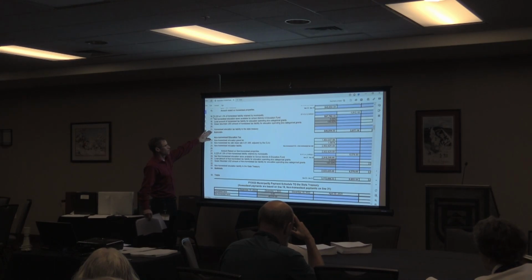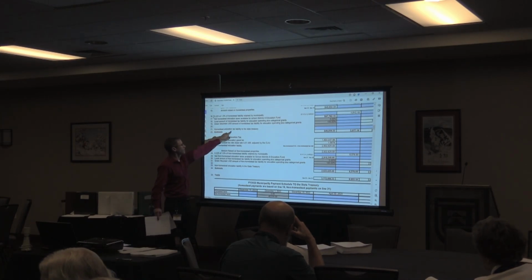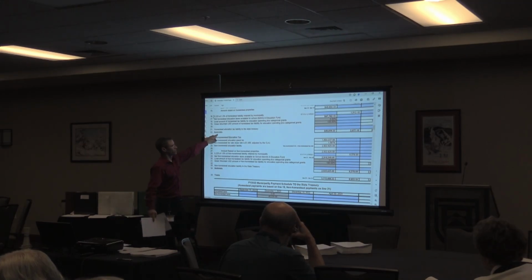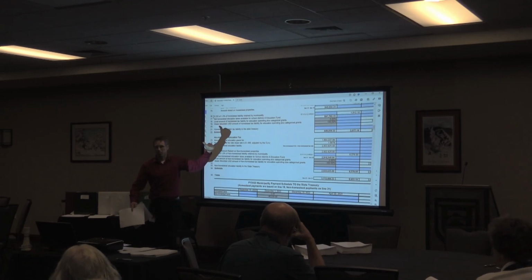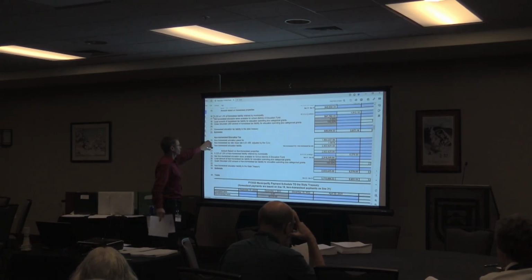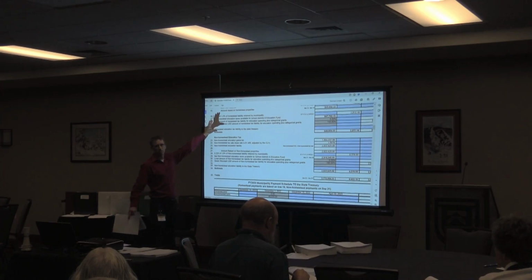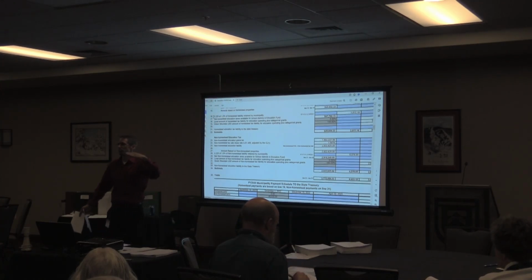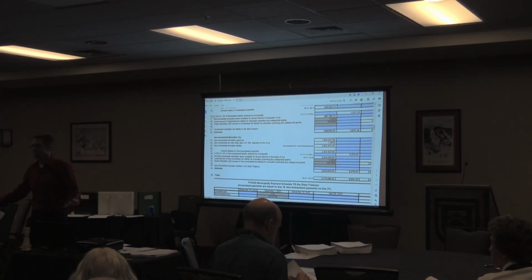Then we come down to 21, homestead ed tax liability, and then the subtotals. So it's just basically doing the math from above. Then we got to do it all over again for the non-homestead ed tax. We just broke down the homestead, so I'm not going to go through each line of the non-homestead because it's the same exact thing.